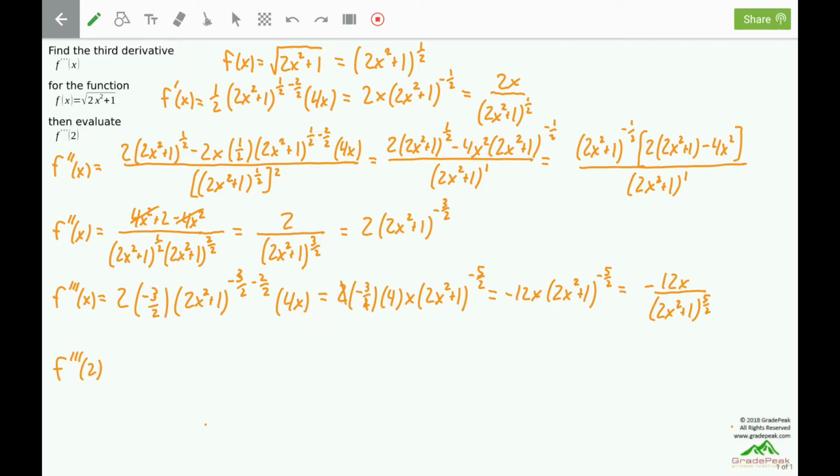F triple prime of 2 will be plugging a 2 in for each of the x's. In the numerator, I will have negative 12 times a 2. And in the denominator, I will have 2 times 2 squared plus 1, and then all of that to the 5/2 power.